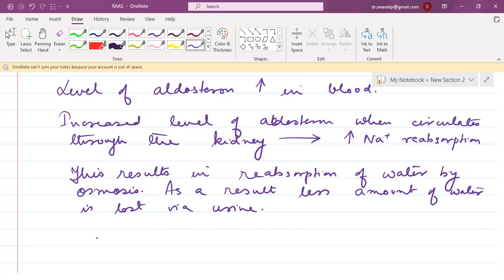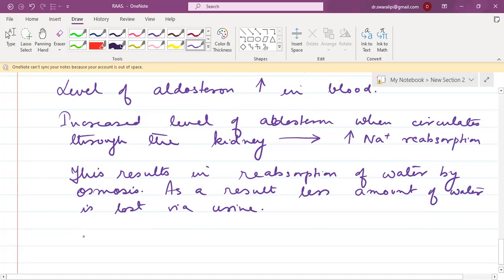And we also know that in the nephron, in the renal tubule, secretion of potassium ion and hydrogen ion occurs, and reabsorption of sodium ion occurs.